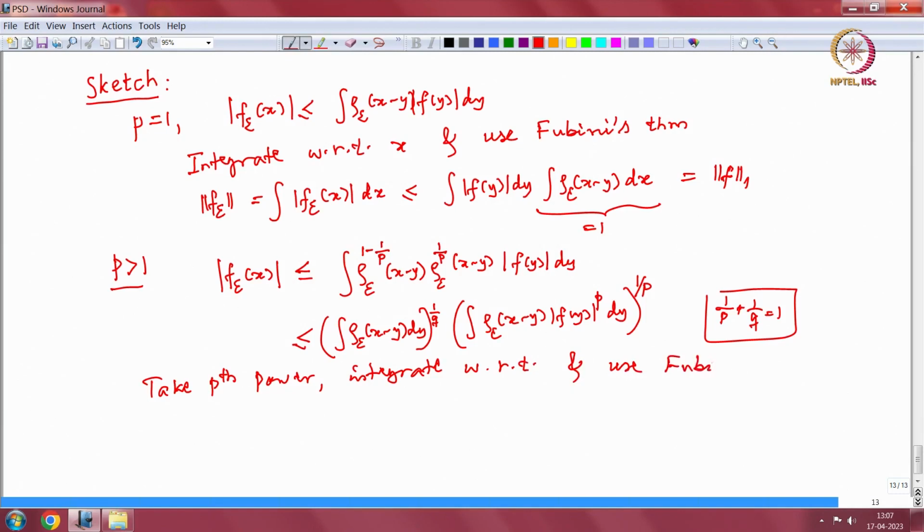You just get the same computation as in the case p equal to 1, except for this little rearrangement. So, as you see more and more PDEs, you will appreciate these bounds.